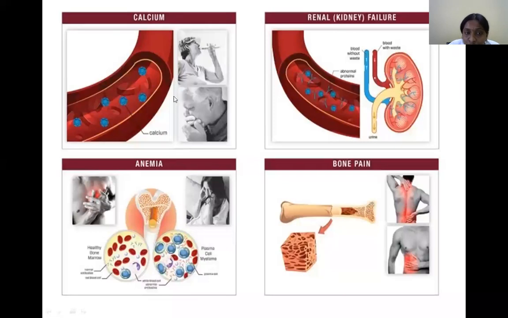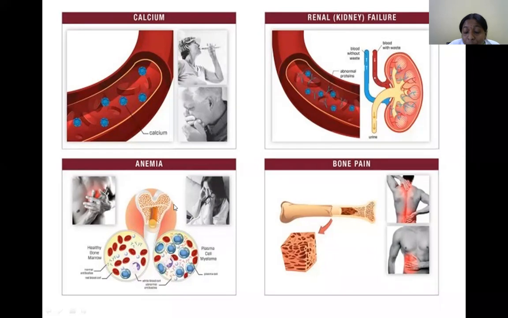And this leads to the formation of hypercalcemia. Renal or kidney failure: multiple myeloma cells produce a large number of abnormal plasma proteins, and these abnormal plasma proteins damage the kidney. The kidney damage is also worsened by the hypercalcemia.